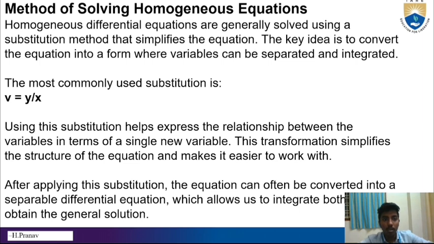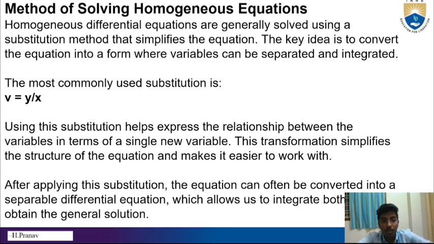Method of solving homogeneous equations: homogeneous differential equations are generally solved using a substitution method that simplifies the equation. The key idea is to convert the equation into a form where the variables can be separated and integrated. The most commonly used substitution is v equal to y by x.